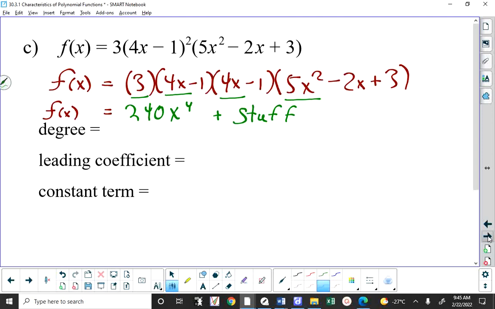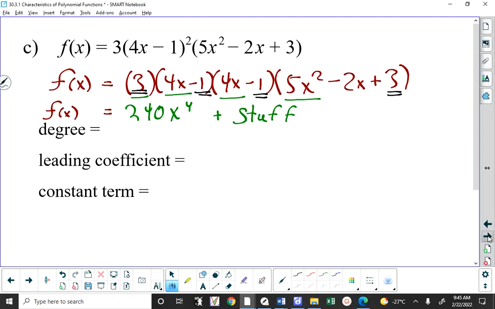Then you're going to have all this stuff in here, and then you're going to have a constant term. The constant term is found by multiplying the constant term in all of the factors. So this is a constant term, this is a constant term, this is a constant term, and the 3 is a constant term.